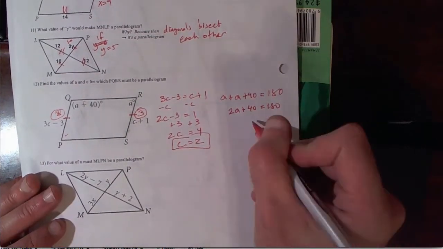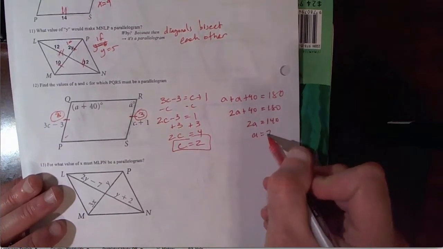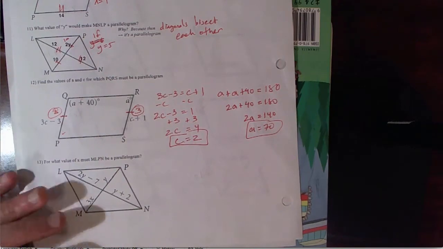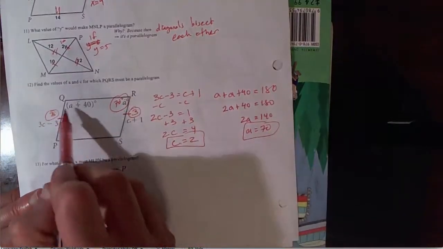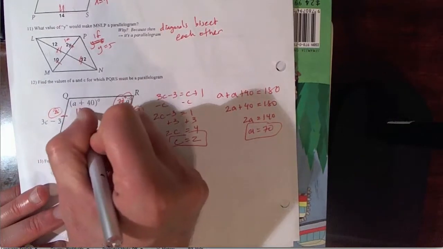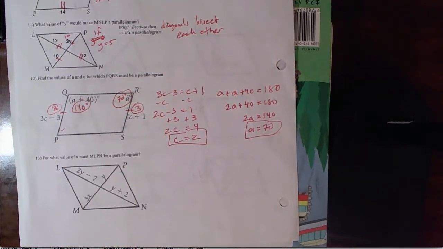Subtract 40 from both sides, we get 2A equals 140, and so A equals 70 is the value that works. Plug that in here. This would be 70 degrees here, and this would be 70 plus 40, that would be 110. And you can see, yes, that would be same side supplementary.